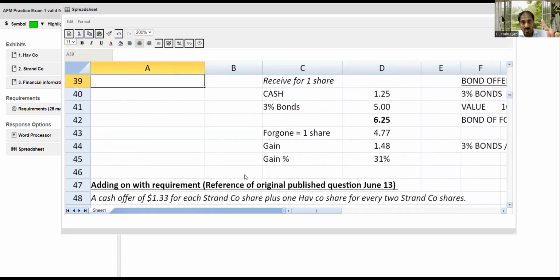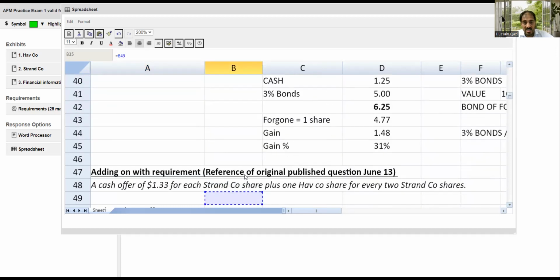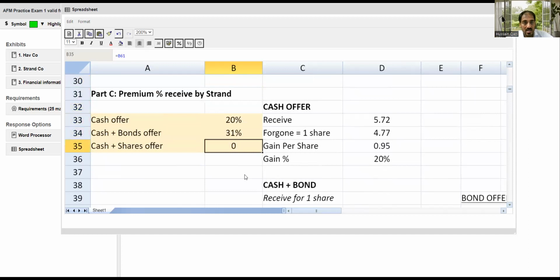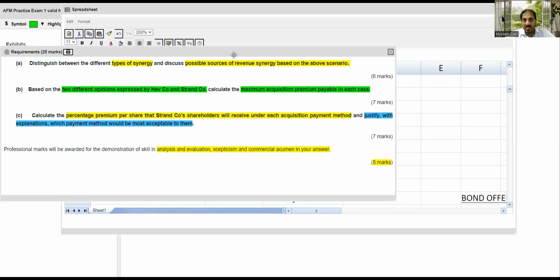And now with respect to part C, there are 3 things to consider. Cash offer 20%, cash plus bond offer 31%, cash plus share offer 25%. Now it's time to analyze the situation and make a recommendation.